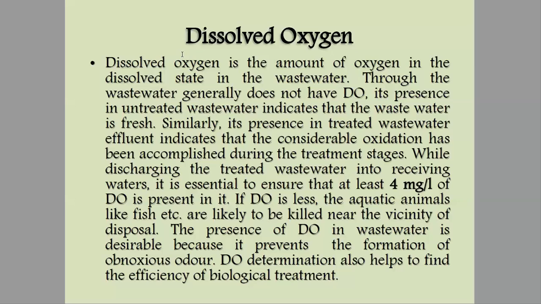So this creates the requirement of dissolved oxygen up to a certain level, that is 4 milligram per liter. And if the level decreases, then what will happen? All the aquatic animals will die. All the plants would die.